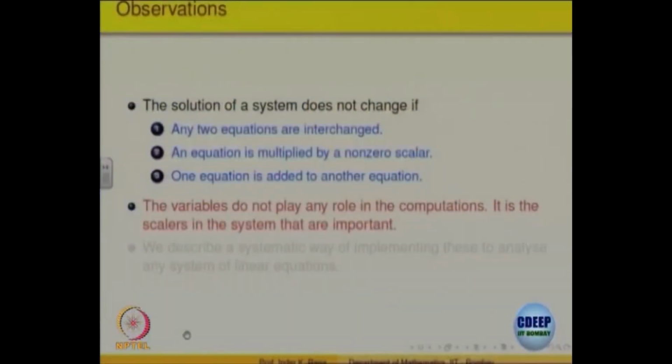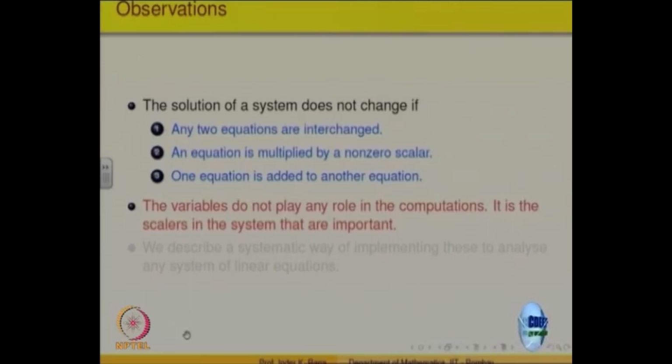So, that is one observation, and the other observation is that the variables really do not play any role in all the computations. x1 remains x1, x2 remains x2, x3 remains x3. It is only the constants which are in front of them or on the right side of the equality.